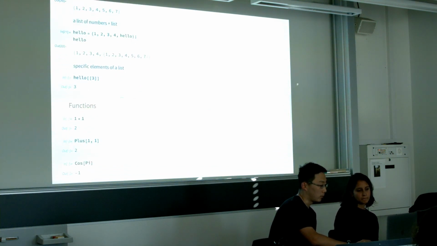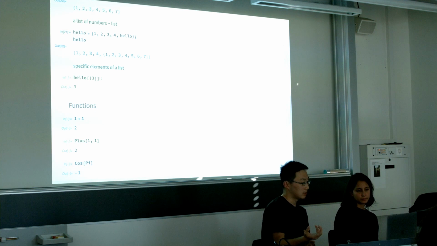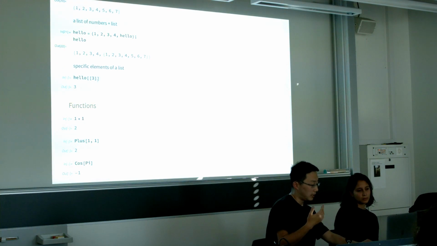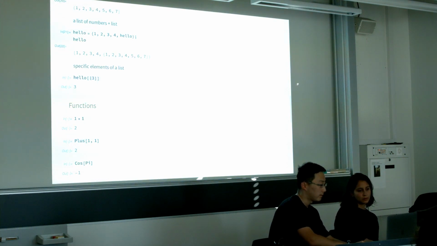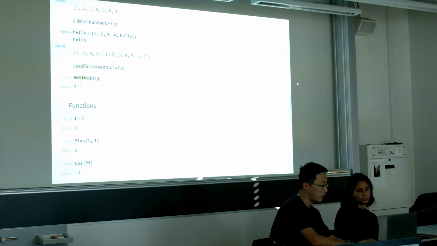And one thing you should know about lists is how to access the elements of the list. In Mathematica, the way you access it is by typing the square bracket twice. For example, I want the third element of this list, so I simply type hello with 2 square brackets and then the number 3.